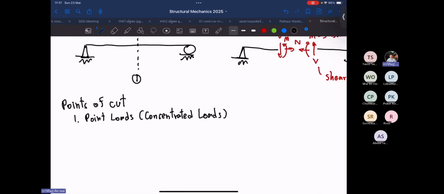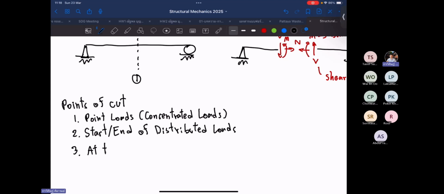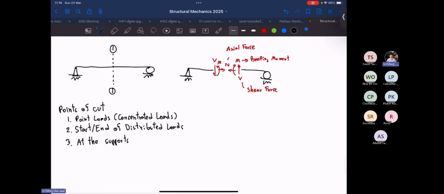Second, at the start and the end of a distributed load. And number 3, at the support. These 3 points are where we are going to cut.